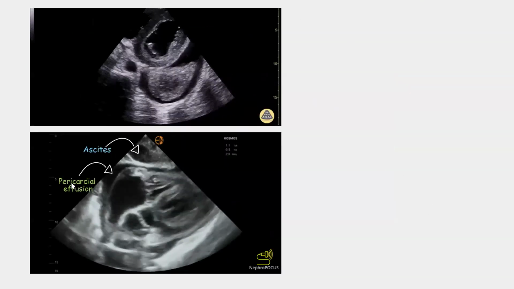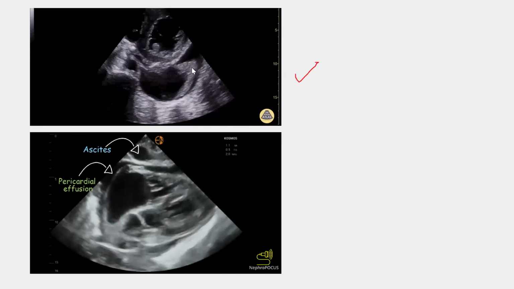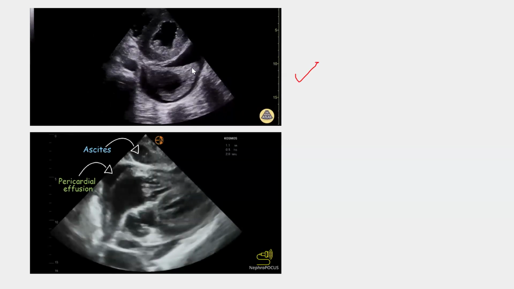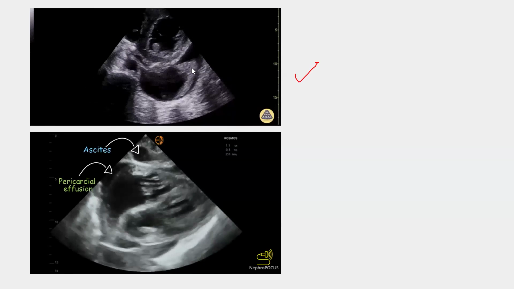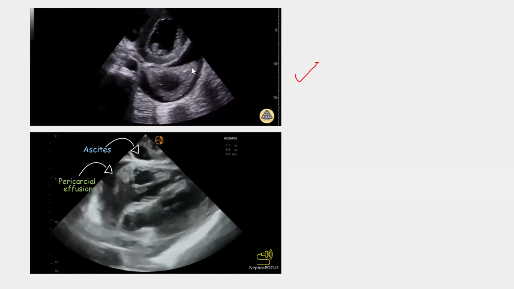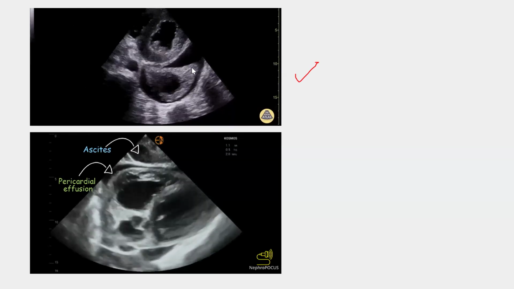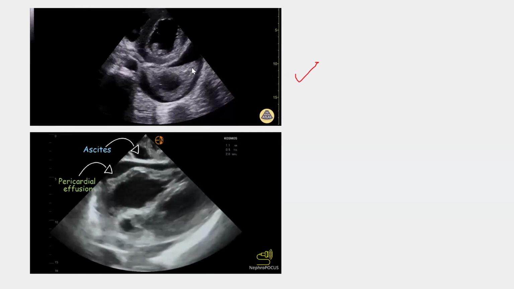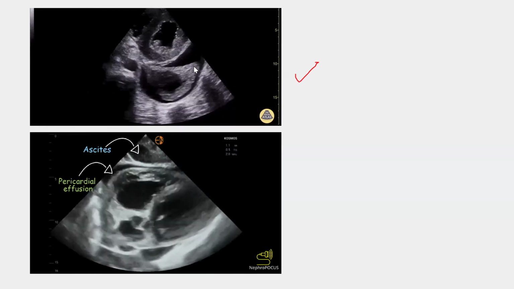Look here. Anybody tell me what it is? Any one of you? What are we seeing? Pleural effusion or pericardial effusion? Both, I think. Okay, what is the biggest?